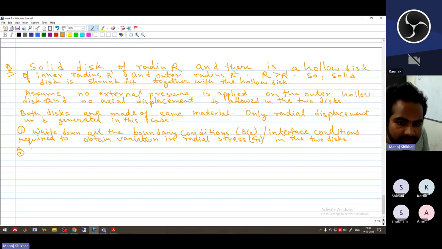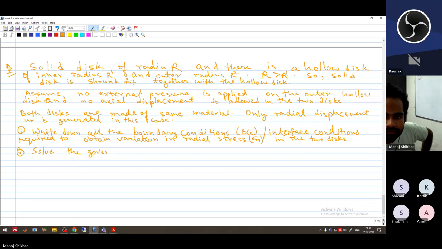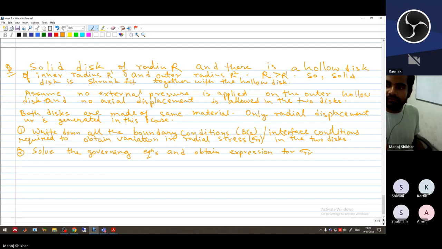Question number 2 is solve the governing equations, EQNS means equations, and obtain expression for sigma RR in the two disks.